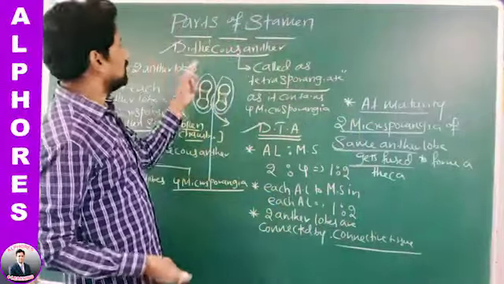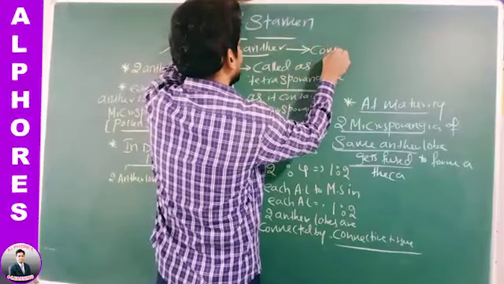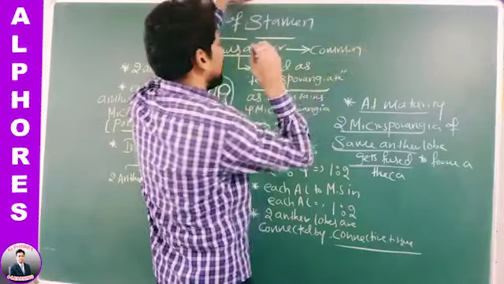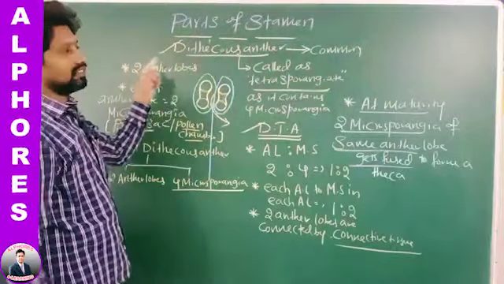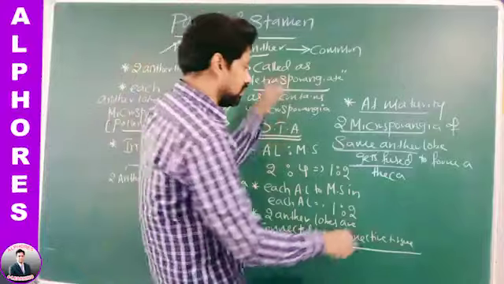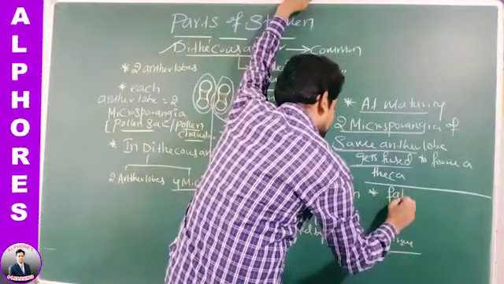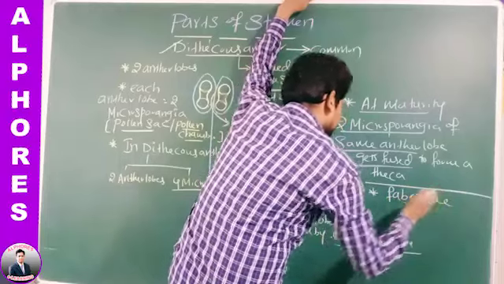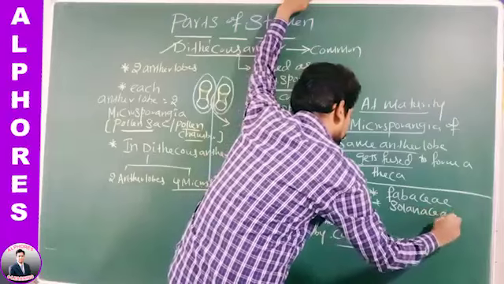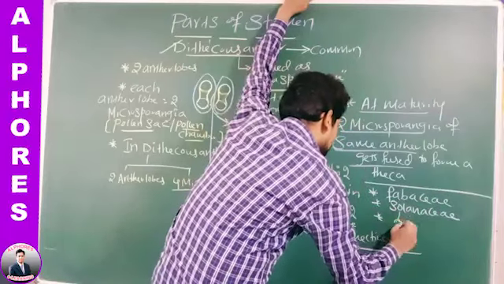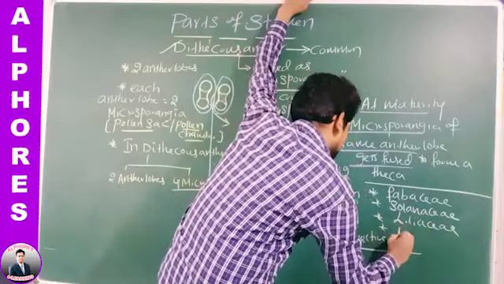Okay. Sir, dithecous anther is a common type of anther. Which one is common, sir? Dithecous anther is common. It is seen in the Fabaceae family, Solanaceae family, Liliaceae family, and Brassicaceae family.